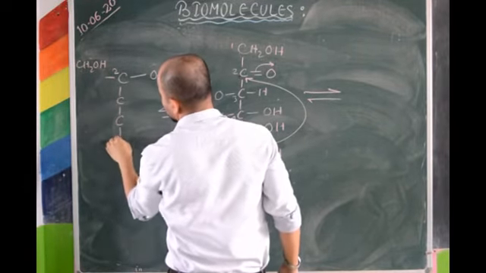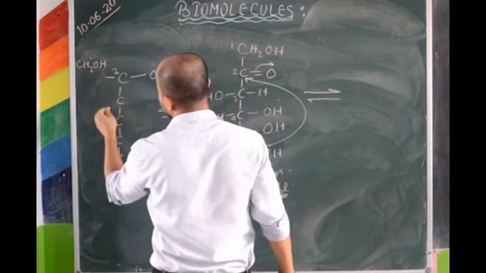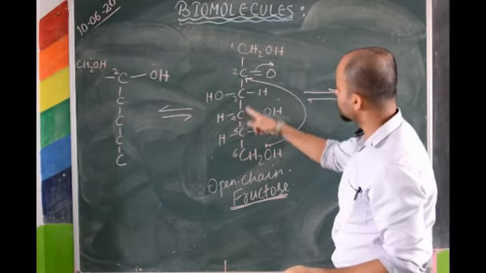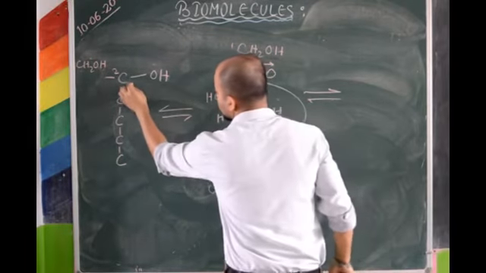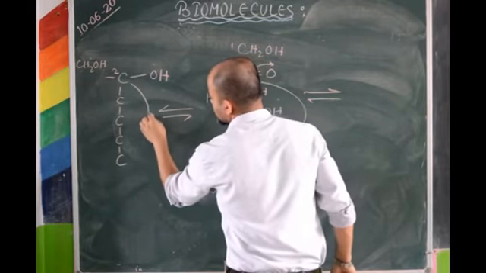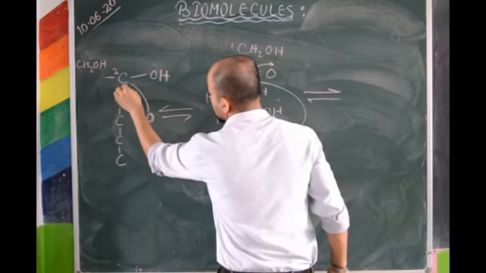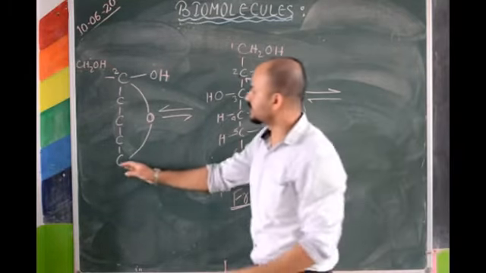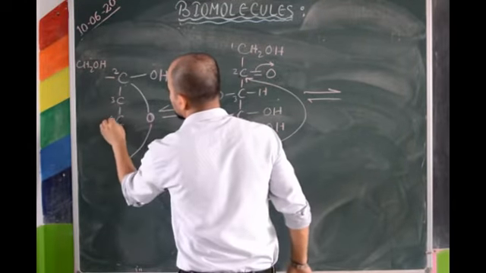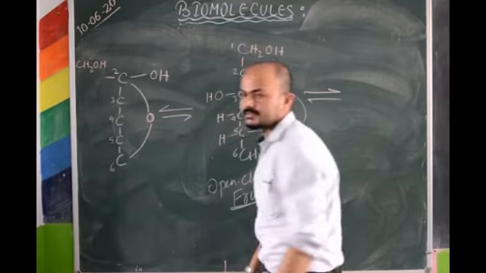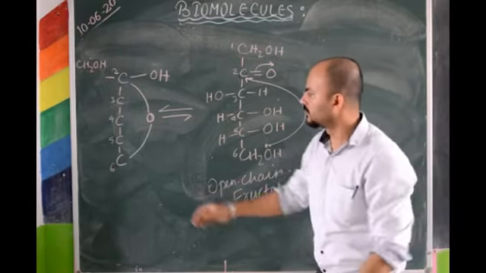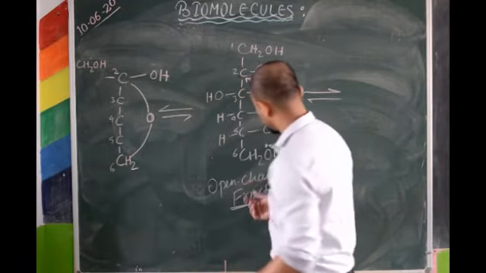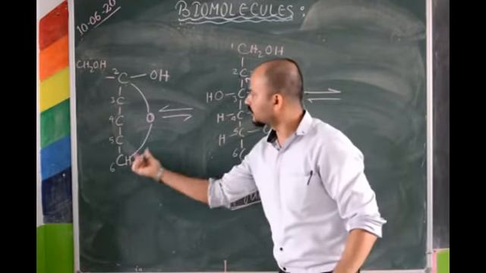Carbon number 3, 4, 5, 6. Here the bond formation between carbon number 6 and 2 takes place. Therefore, we have an oxygen which is attached with carbon number 2 and carbon number 6. Here you have a CH2 group, and an oxygen in between.